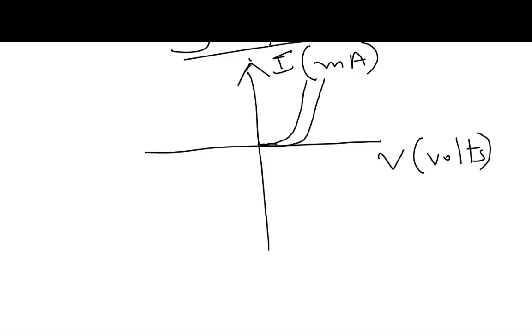Once the voltage supplied by the battery is slightly more than the barrier potential or voltage, then the current flows rapidly, rather exponentially. This transition point is called the cut-in voltage.